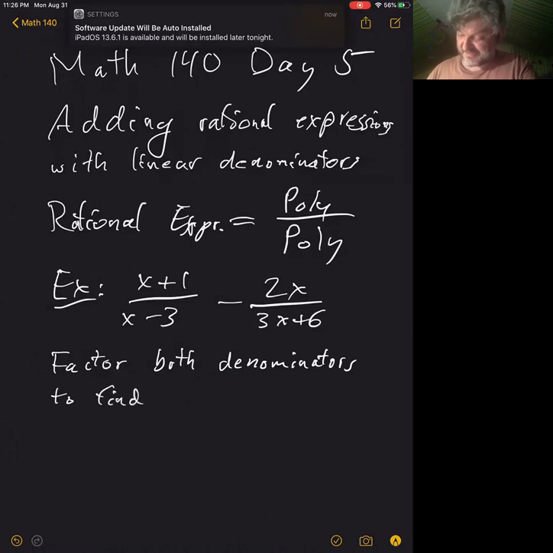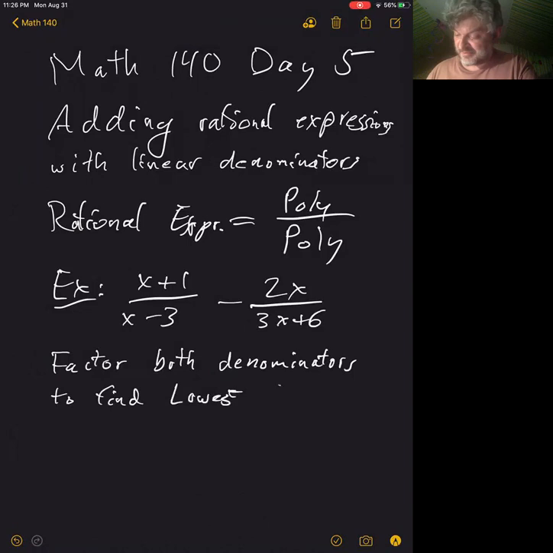To find the lowest common denominator. So you can't do anything with x minus 3, but for the 3x plus 6, we obviously can do 3 times x plus 2.